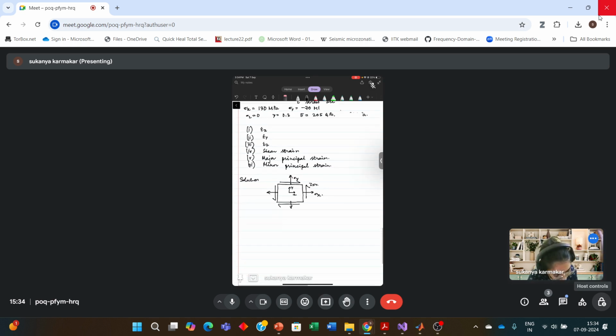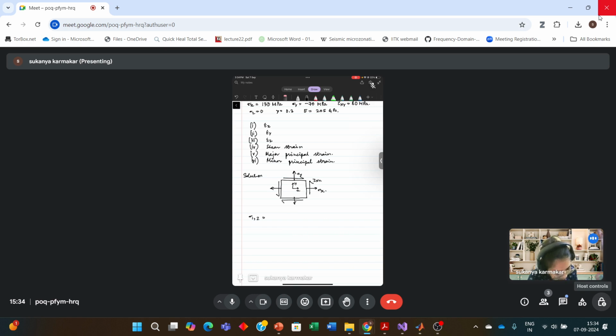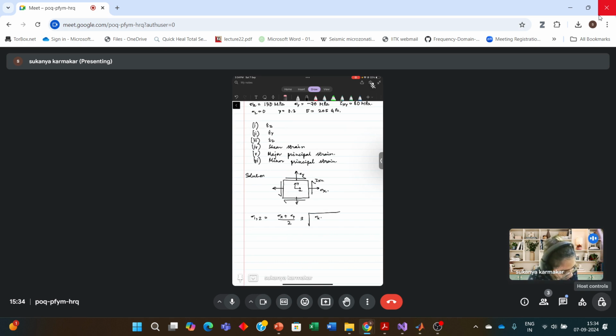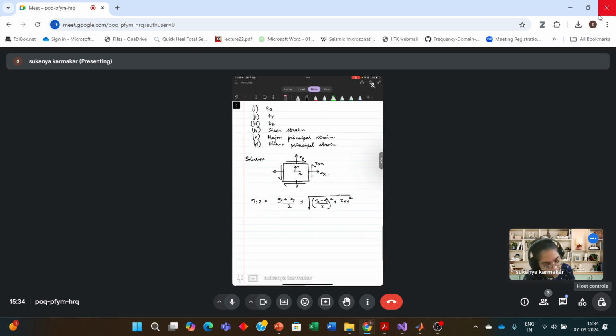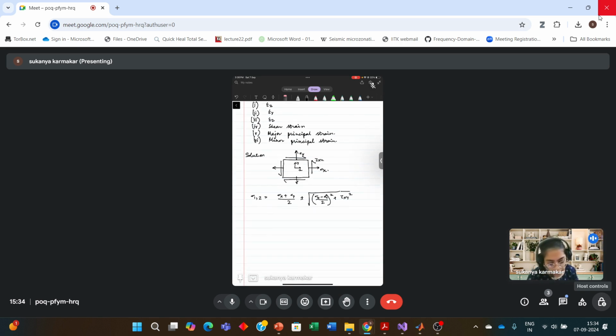Sigma 1, 2, the major and minor principal stress, is sigma x plus sigma y by 2 plus minus the radius, which is the square root of sigma x minus sigma y by 2 whole square plus tau xy whole square. Just plug in the numbers and you find out the major and minor principal stress.